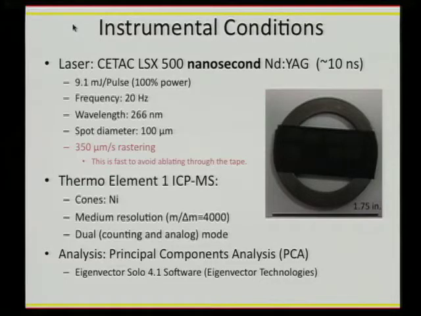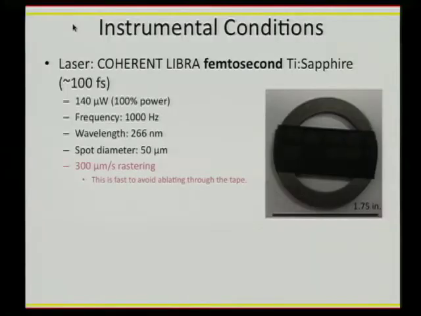We don't want to sample the opposite side. If we're trying to sample the top layer or the backing side, we don't want to sample the adhesive side. These are our femtosecond conditions, and again, just note that there's a rapid raster rate.